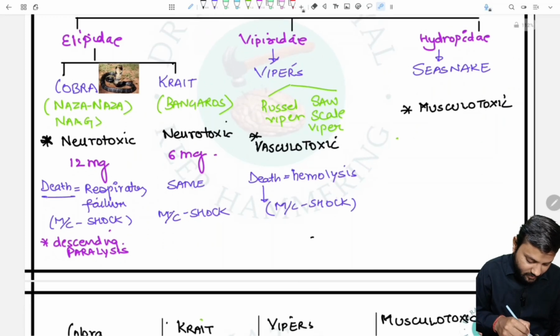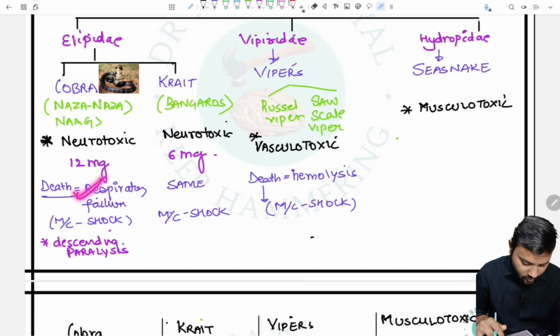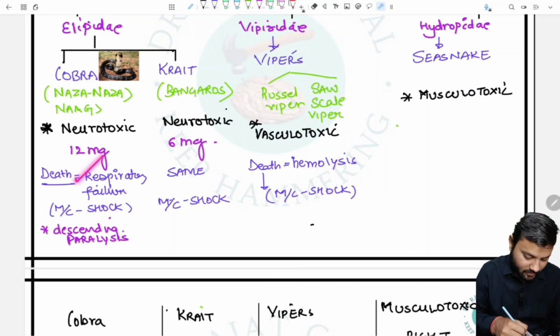The most common cause of death in the case of both cobra and krait is respiratory failure, because the neurotoxin damages the nerves and finally the muscles will not work. It is a type of descending paralysis, but finally when the respiratory muscles are involved, the person is not able to respire properly, so he will die due to respiratory failure.